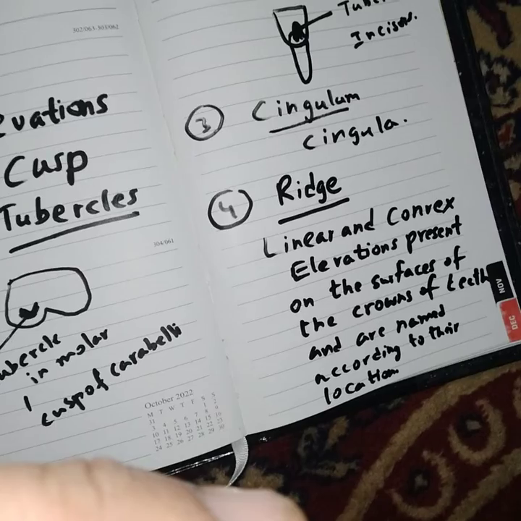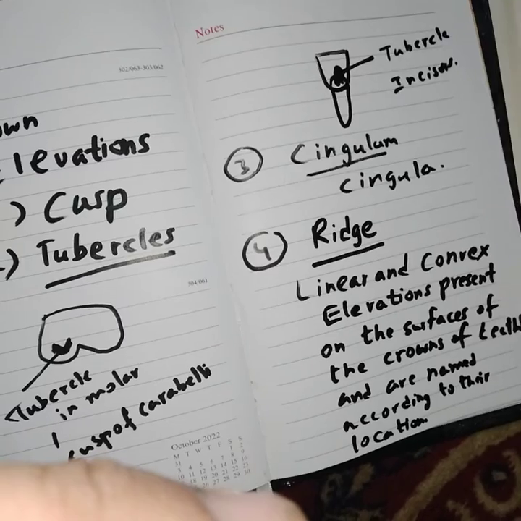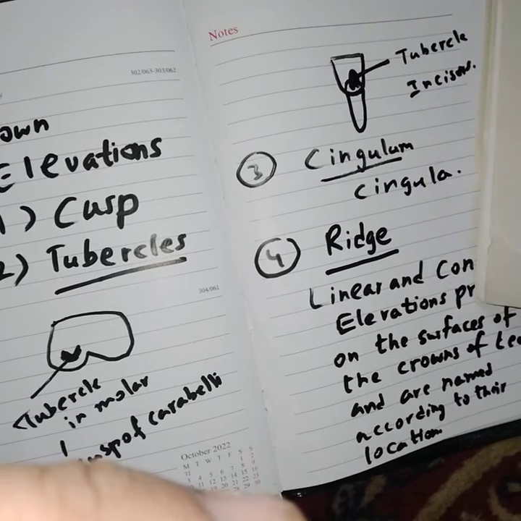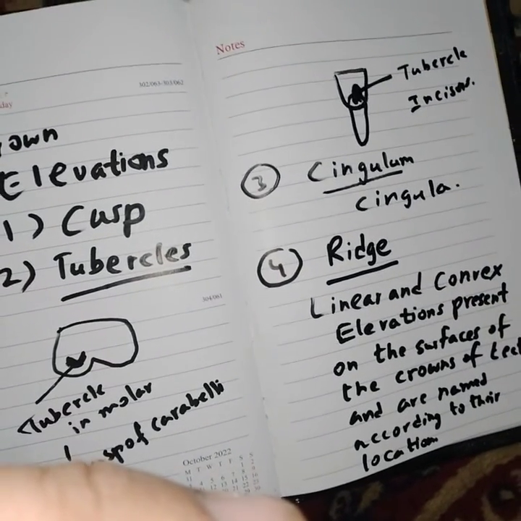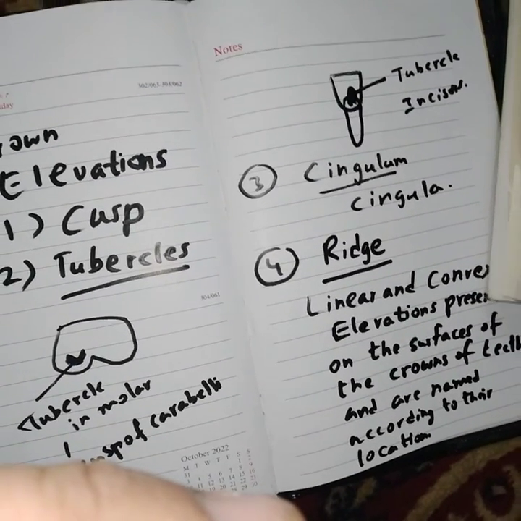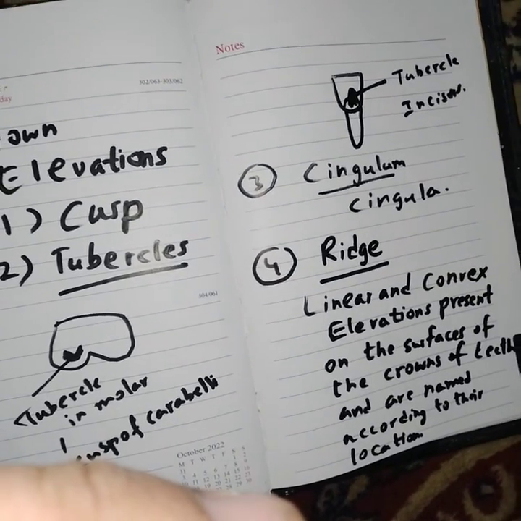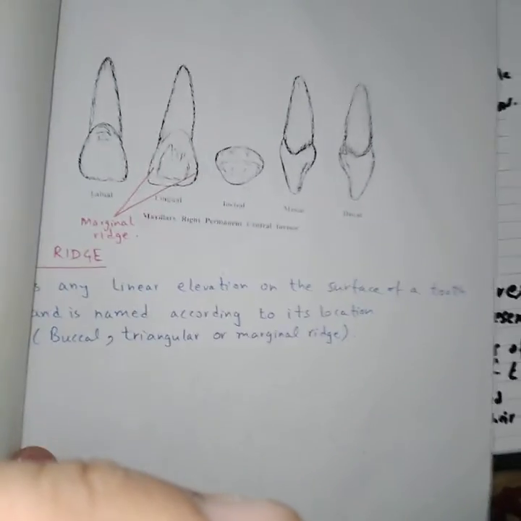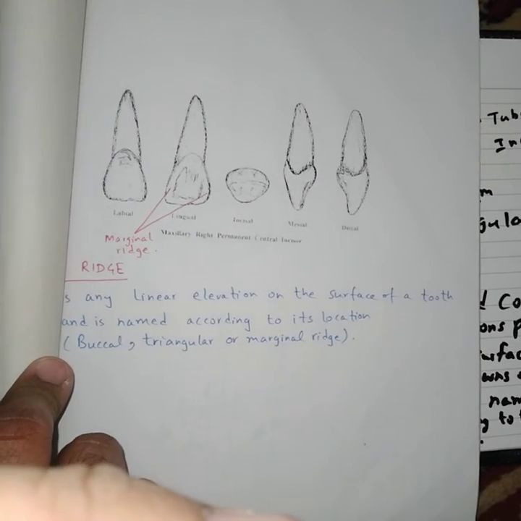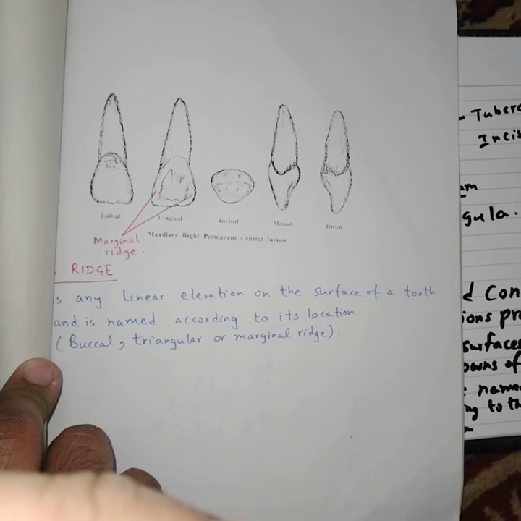So ridges are named according to their location. So it has different names. A ridge is any linear elevation on the surface of a tooth and is named according to its location.